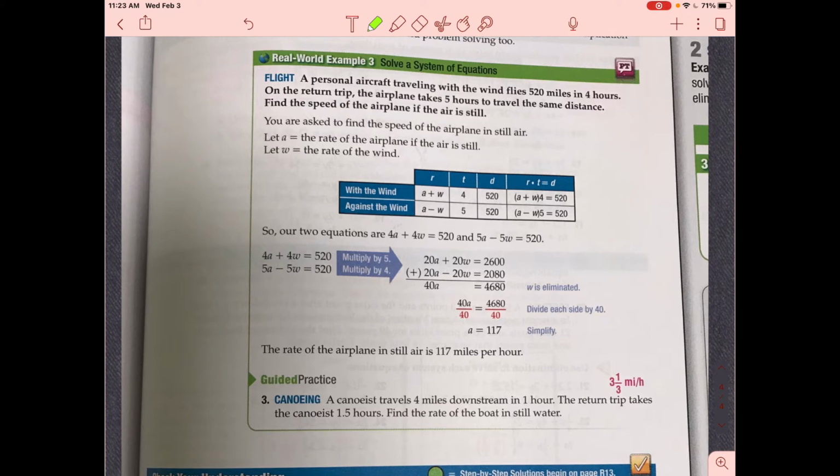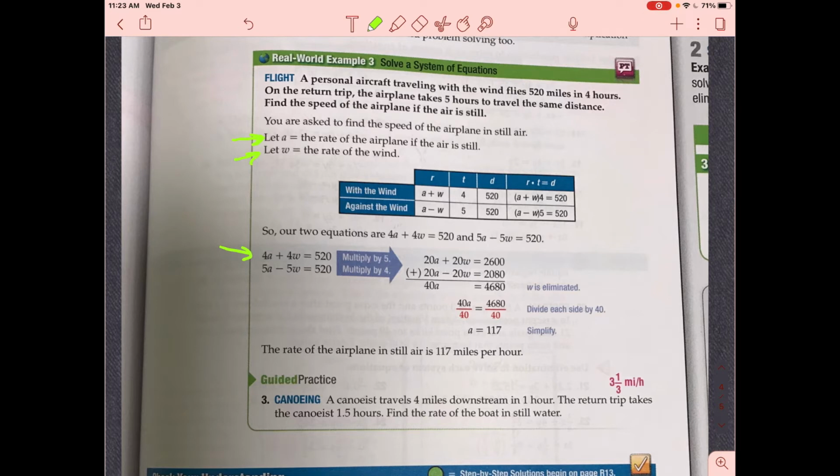Okay, so what they have done is they set up a neat little system, and they said that 4a plus 4w equals 520. That a is the rate of the airplane when the air is still, and w is the rate of the wind.